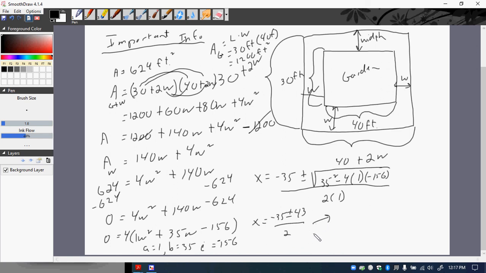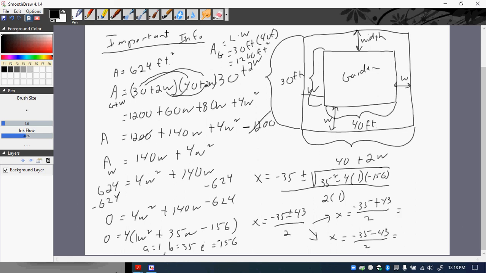Now I'm going to get two answers with the plus or minus. So W is equal to negative 35 plus 43 over 2, and W is equal to negative 35 minus 43 over 2.